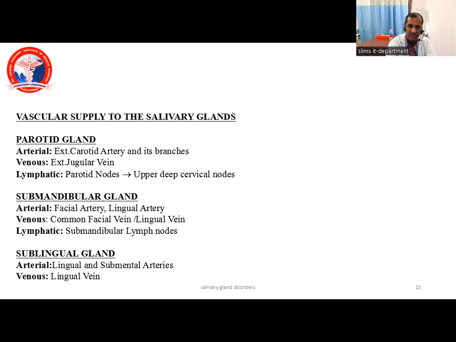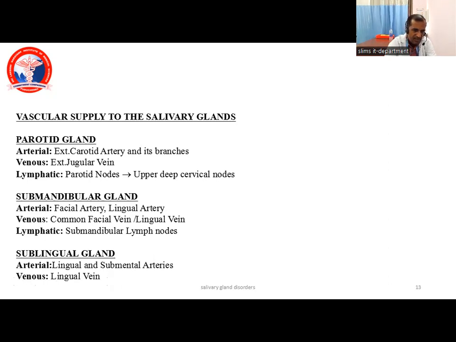Now, considering the vascular supply to the salivary glands, for the parotid gland, the external carotid artery supplies. The venous drainage is the external jugular vein. This is regarding your parotid gland. The lymphatic drainage is the parotid nodes to the upper deep cervical nodes.